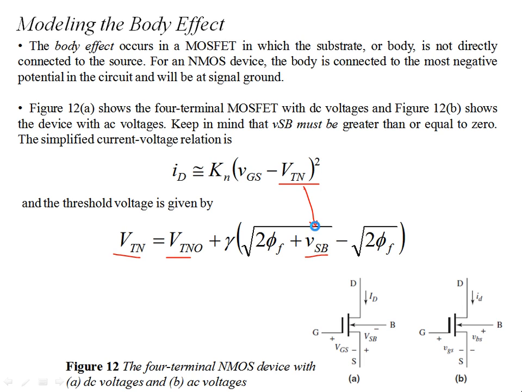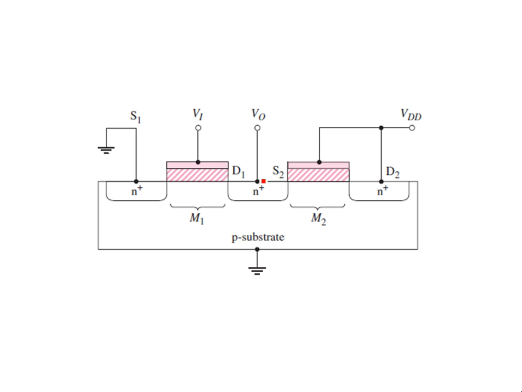Because you see over here, if you have to drive, for example, M1, then you have to connect a positive VD1 supply like this. So you see that VD1 is the same terminal as VS2. So the source is not ground. The source is not at the same potential as the body.